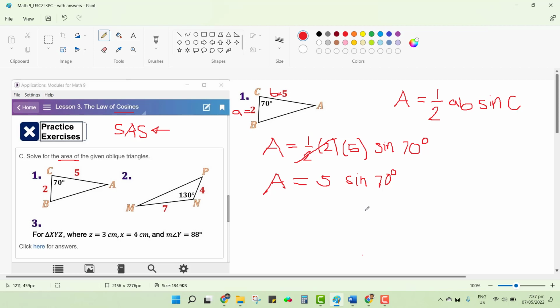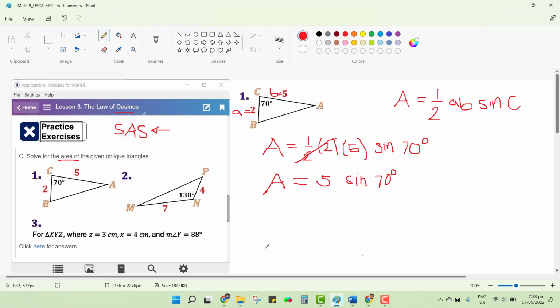But then again, the reminder is if you're going to use calculators, please try to input the expression at once. Because if you input sine 70 degrees first, and then round it off into two decimal places and use that value to be multiplied to 5 to get the area, there might be some issues as to the exact or the approximation of the value. So in this case, input this at once.